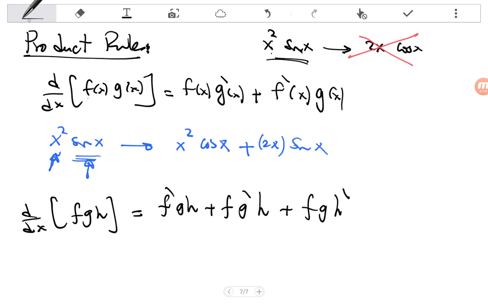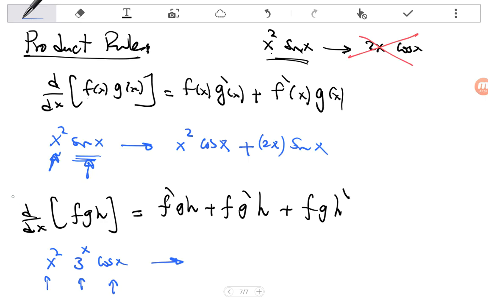Now, for example, if I need to find the derivative of x squared times 3 power x times cosine x, I am having three functions that are multiplied by each other.